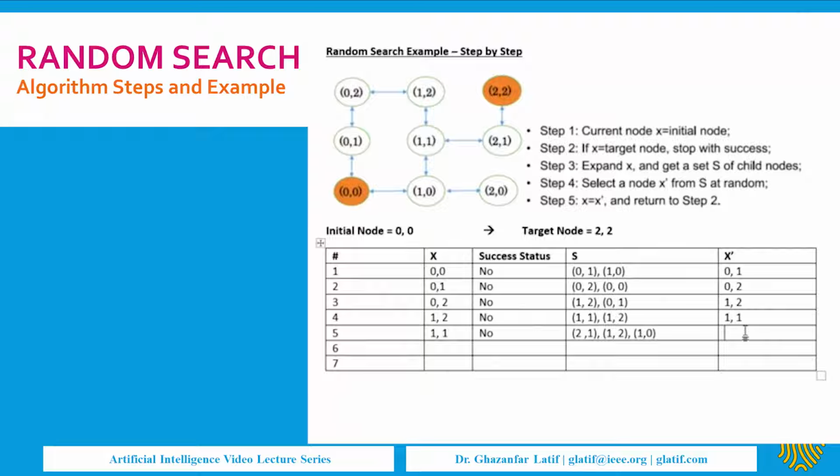So this time again, I will select randomly any node. Let's suppose I selected 2, 1 as x prime. In the next operation, we will move this one to x, so it is going to be 2, 1. Is it a destination node? No, it is still not the destination or target node. I will say no. In the next step I will get the connected nodes of this one, which are 2 child nodes, 2, 2 and 1, 1.